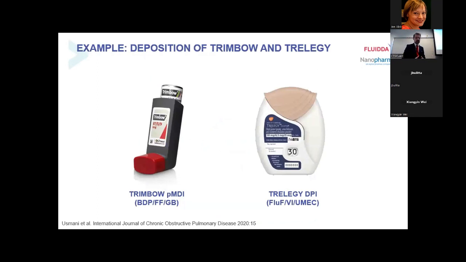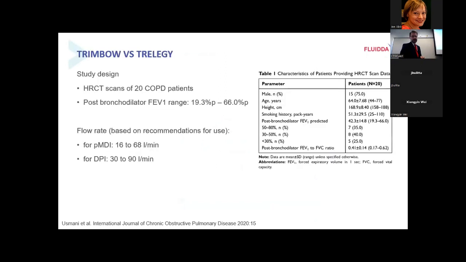Just to give you an example, this is a comparison between two of the triple products on the market, Trimbow versus Trelegy. And that's where we did the typical in silico approach. We went to our database that's been built up over the last 17 years. We selected 20 COPD patients with associated clinical parameters, with an FEV1 range of about 20% predicted to 66% predicted.